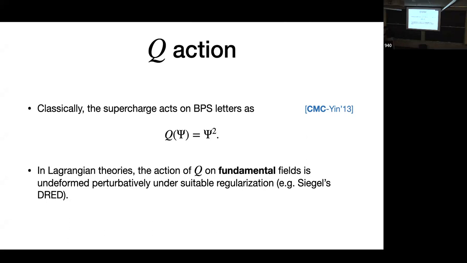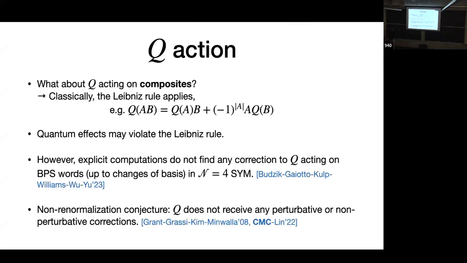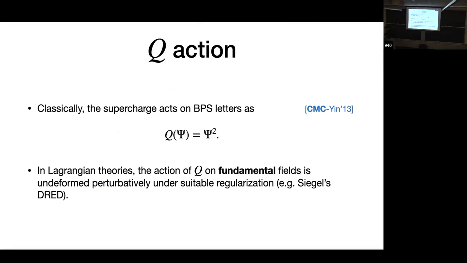But this is actually not all we need. The DRED, you mean the scheme, the one that Professor was saying? Dimensional reduction scheme. Yeah, some regularization scheme. I think it's the one that is compatible with supersymmetry, right? Especially at loops, you have to pick a particular prescription for how to do that.